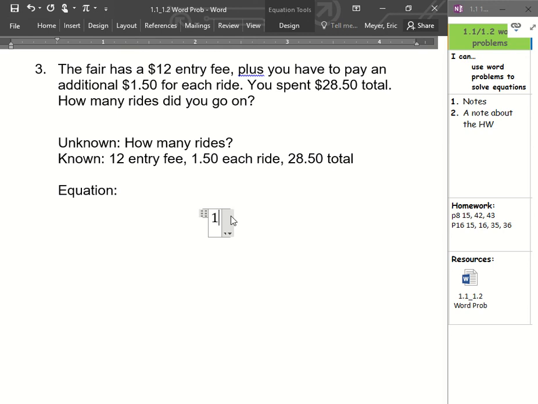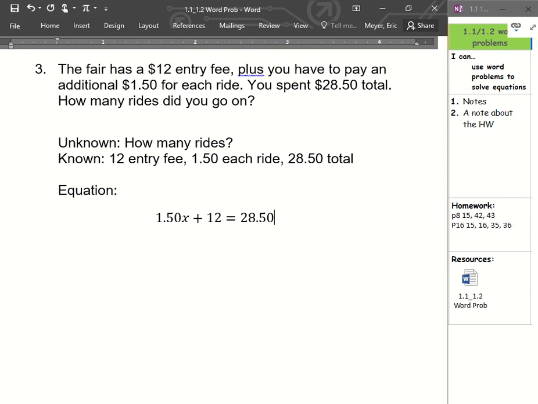So $1.50 for each ride: 1.50x, because x is my number of rides. That's my unknown, my variable. Plus my $12 entry fee to start. I'm not going to subtract the entry fee, because that's in addition to my rides. Equals 28.5. That's my total, so I know it's after the equal sign.